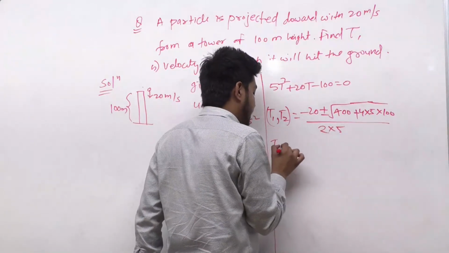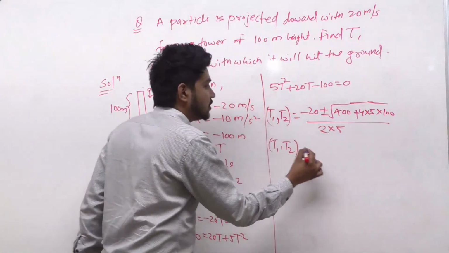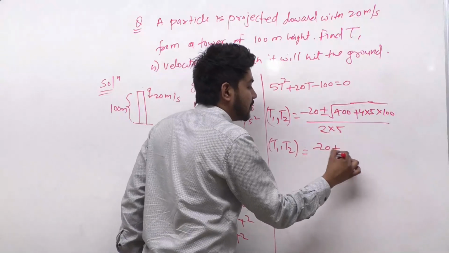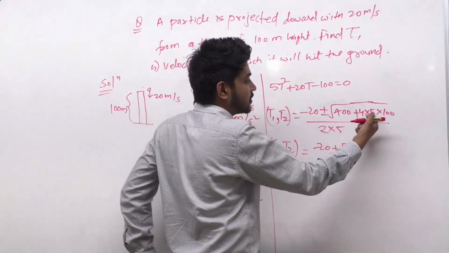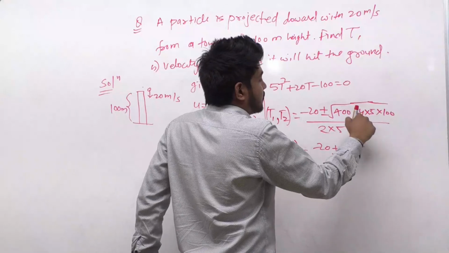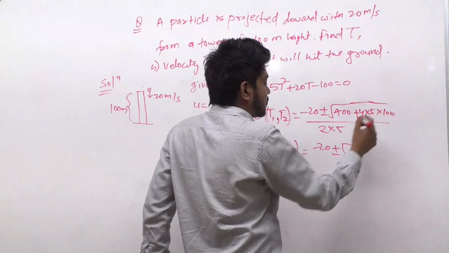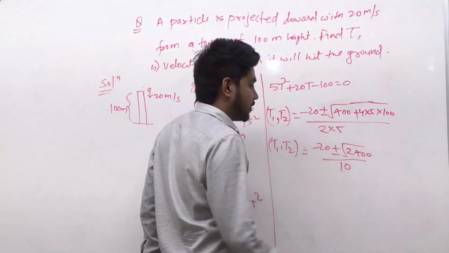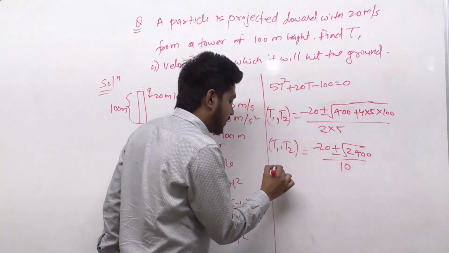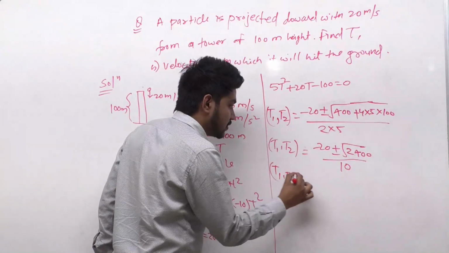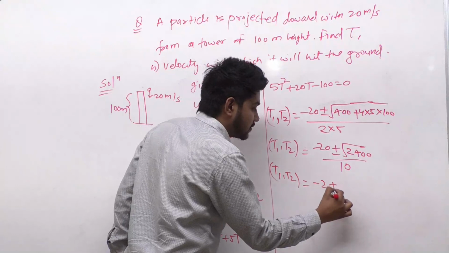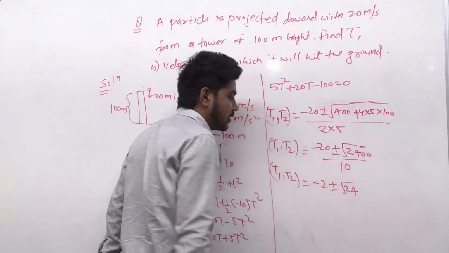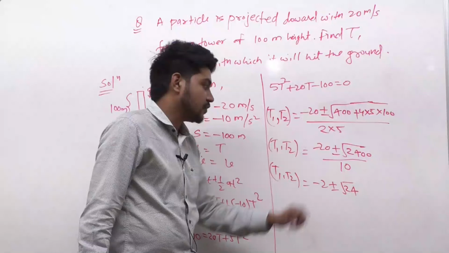So t1 and t2 is minus 20 plus minus root of 400 plus 2000, which is 2400, by 10. Or you can simplify even further: t1 and t2 is minus 2 plus minus root 24, taking 10 common, and then this 0 and that 0 will go off.